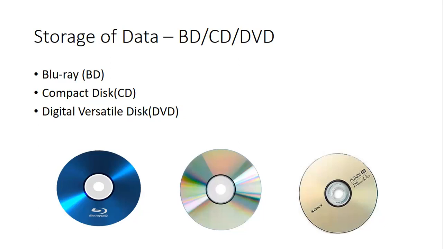But today we have a huge variety of storage. We can do it in a hard drive, or a pen drive, or probably in the cloud, or in some kind of backup external drive. But at some point of time, this is the kind of storage that we had. About GBs of data could be stored on these kinds of disks.